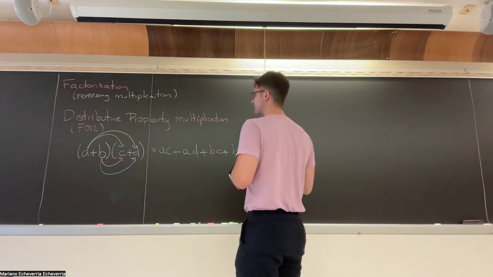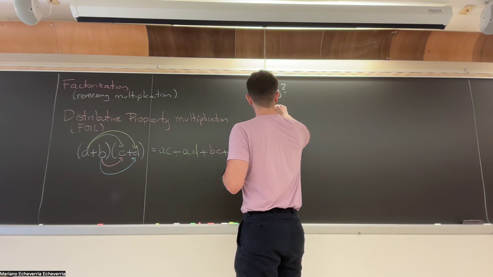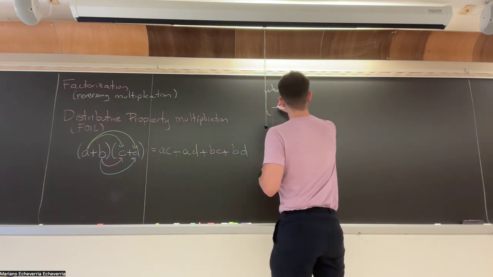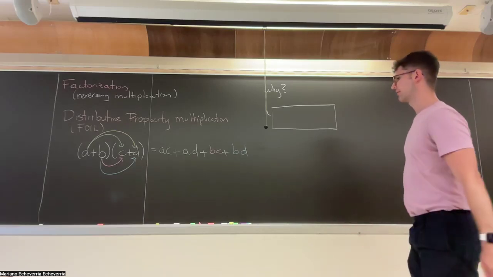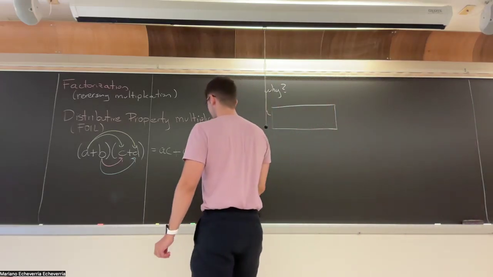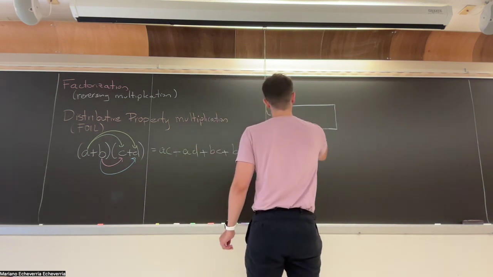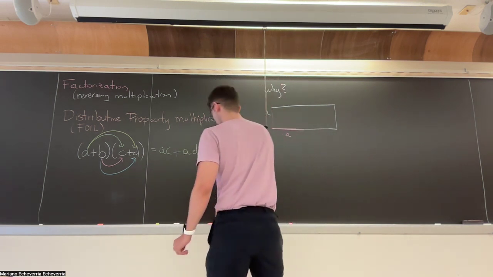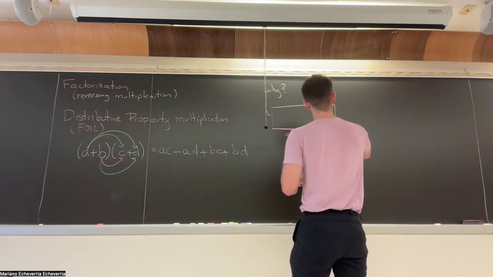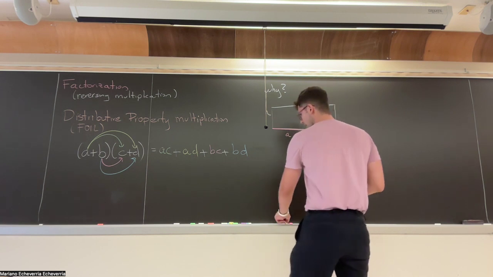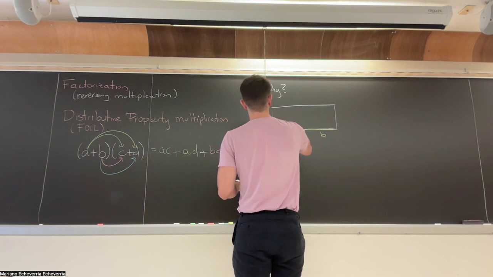You can just imagine that you have a rectangle, and I'll say that one side has lengths A and B, and the other side has lengths C and D.